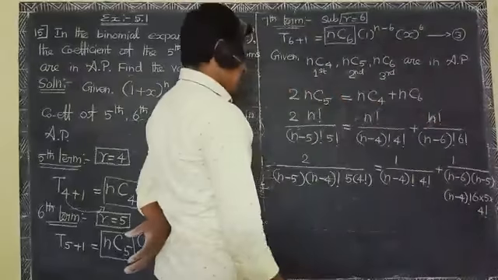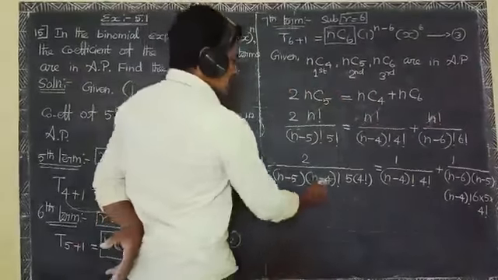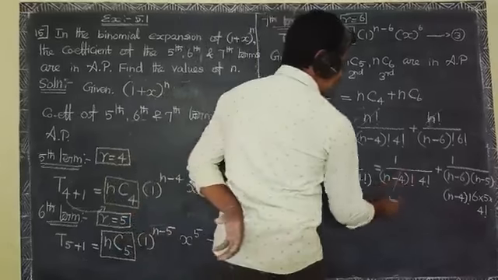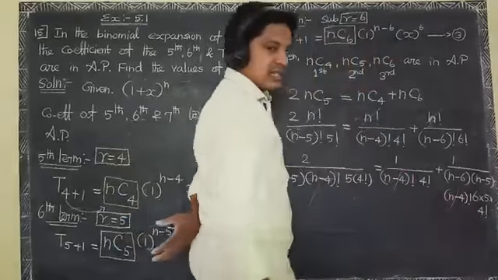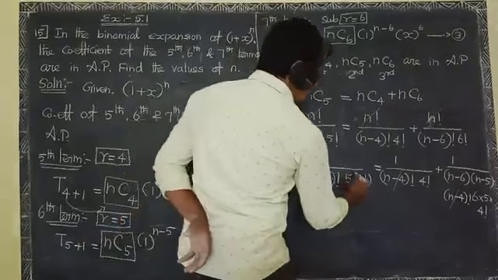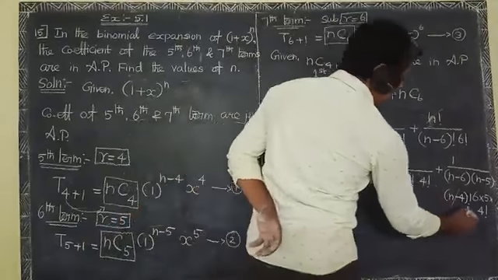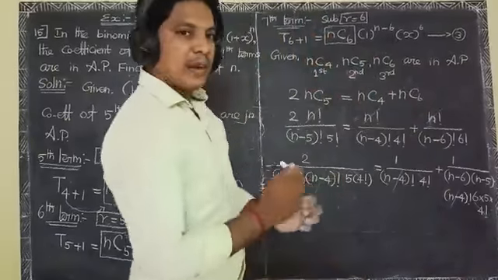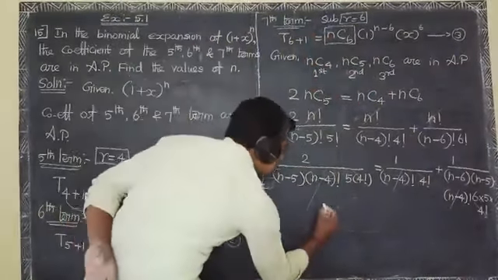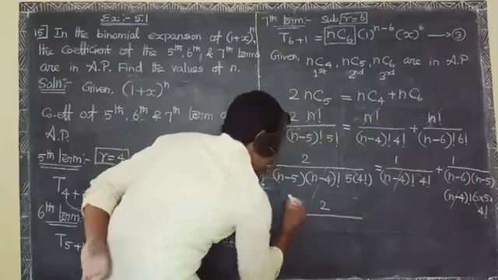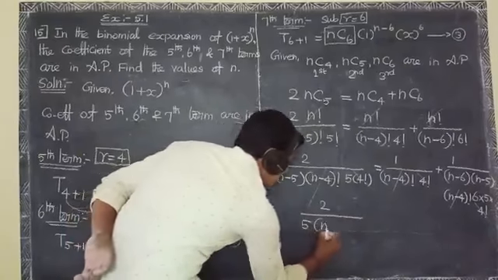Then the (n minus 4) factorial and 4 factorial terms are cancelled, and the remaining result is 2 divided by 5 times (n minus 5).